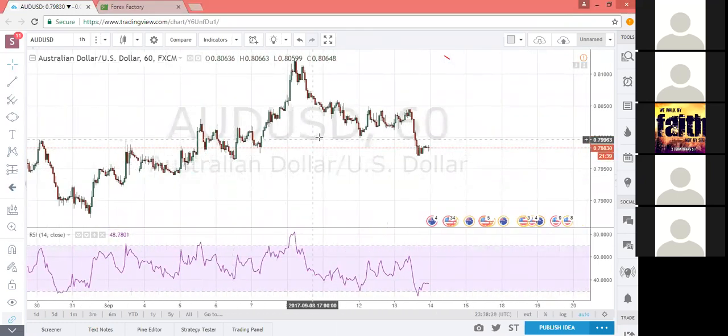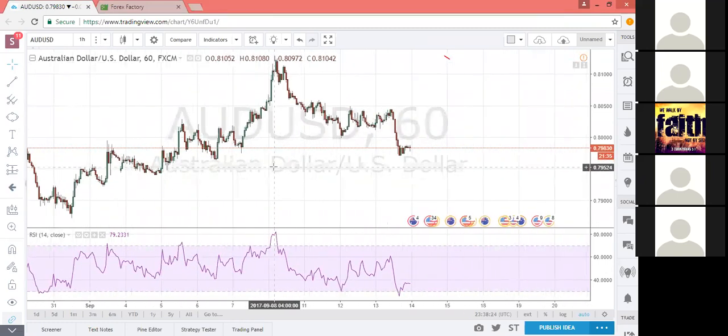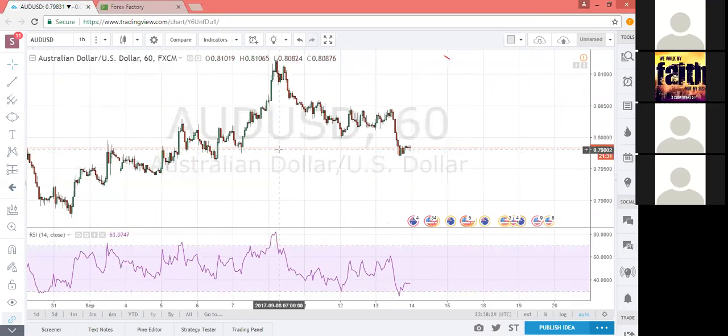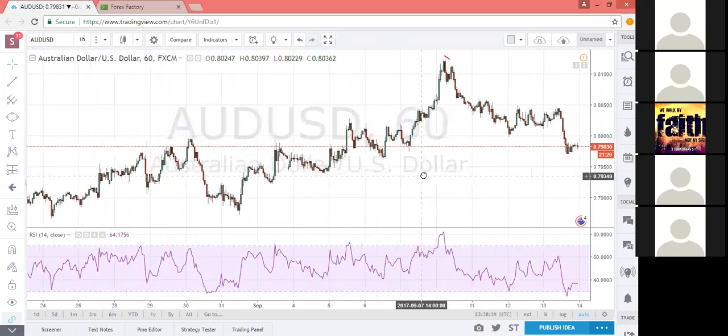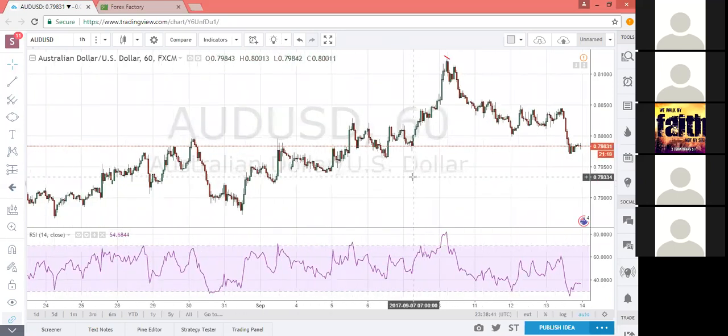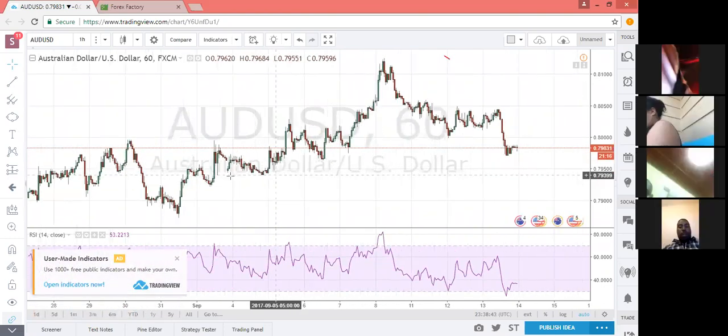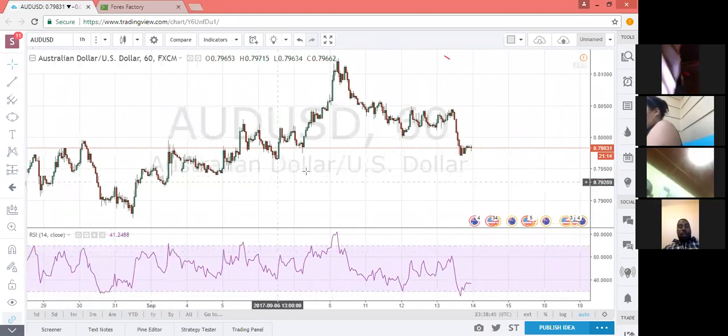In a situation where we have a moving average that has been broken, and it has bearish momentum, a lot of the time what I do to add additional information is go into the RSI.